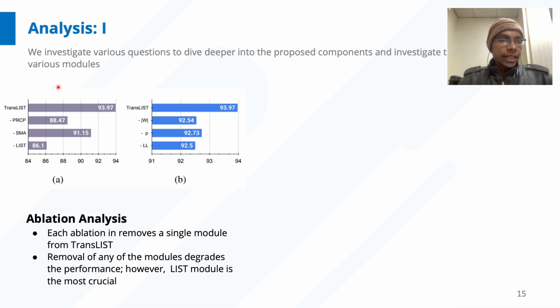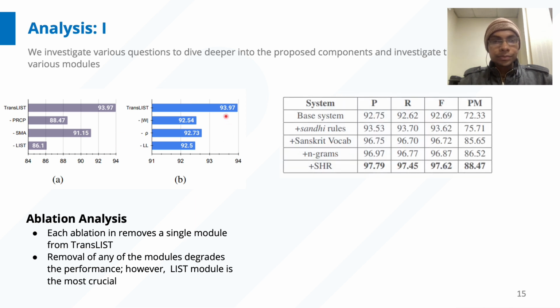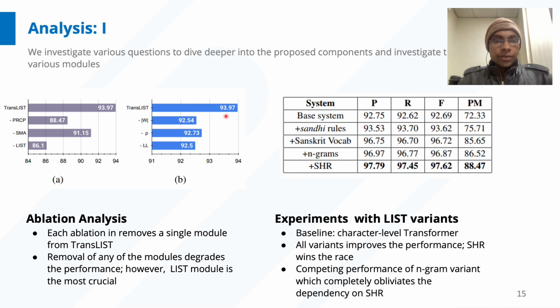So we can see that each module is essential for the improvement. Later, we also experiment with possible LIST variants, and we show that the proposed variant using the SHR shows improvements compared to its counterparts.